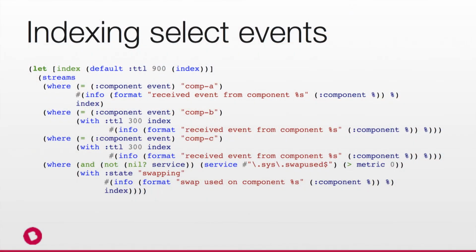Next slide. All right, and so what we have here is, once we have a stream coming in, we've transformed it into Riemann events, and then we are basically trying to select events from all the data that's coming in.